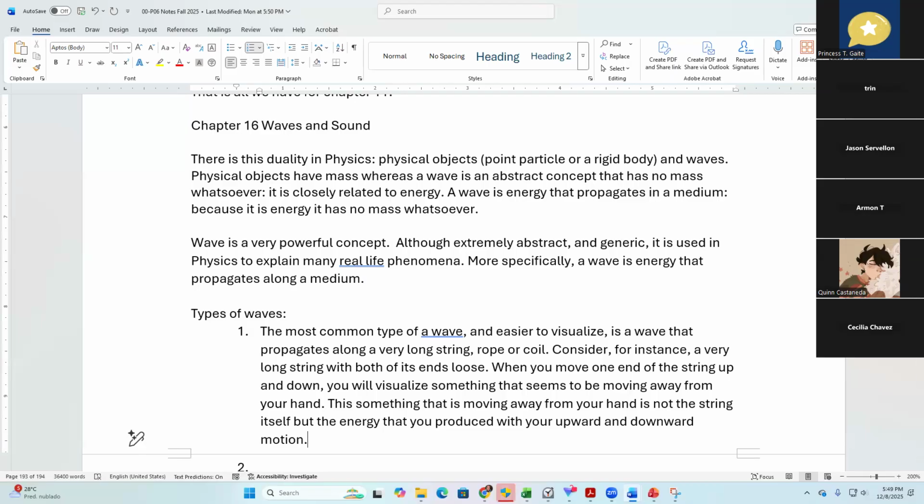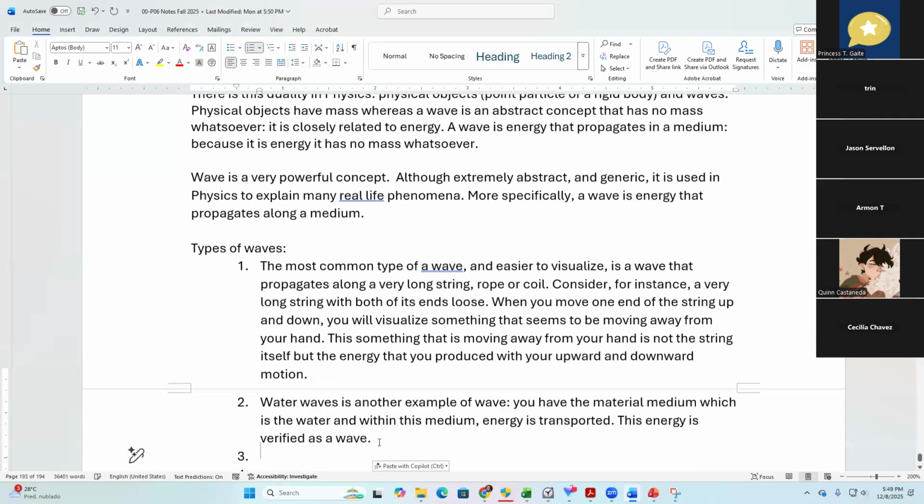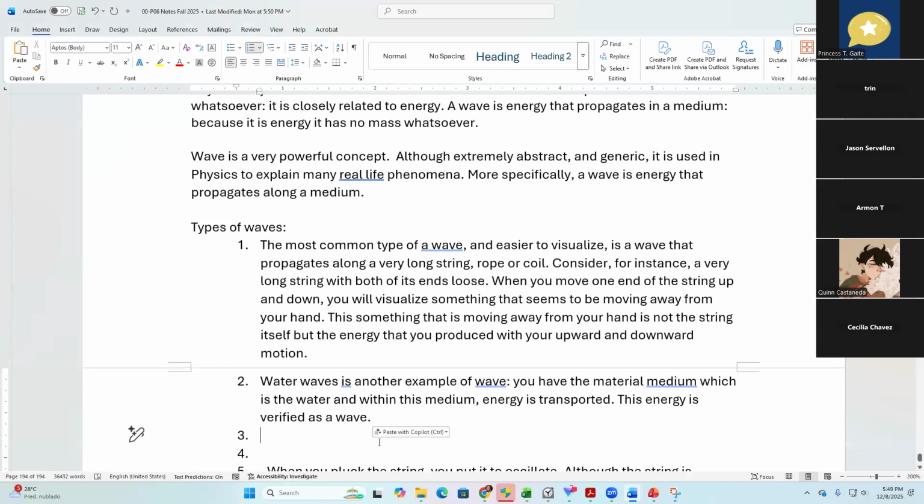Another example is water waves. Water waves is another example of waves.